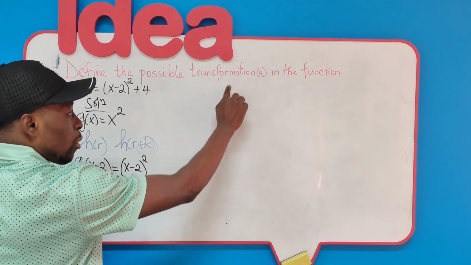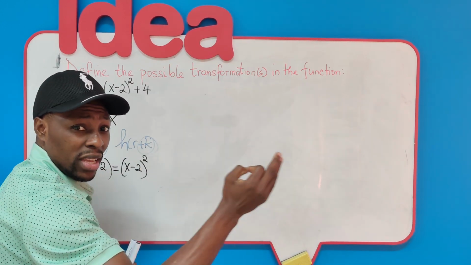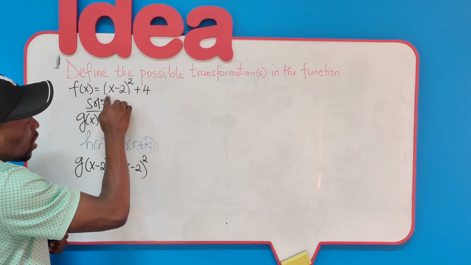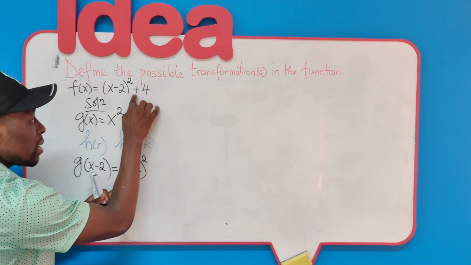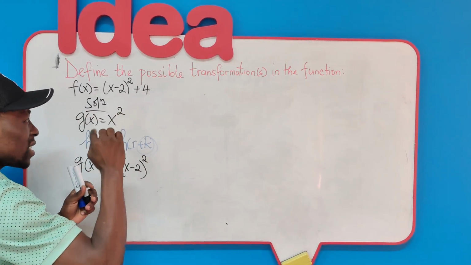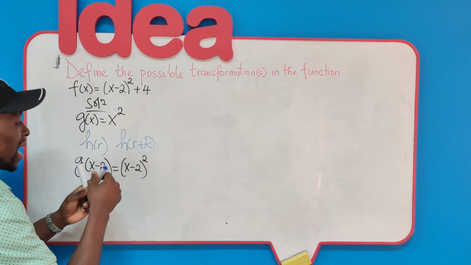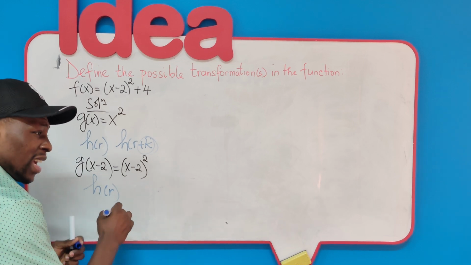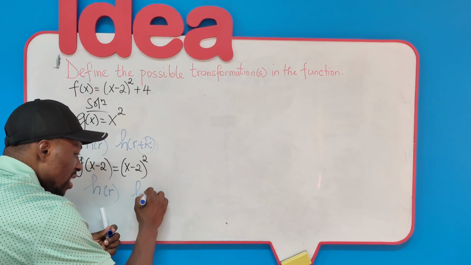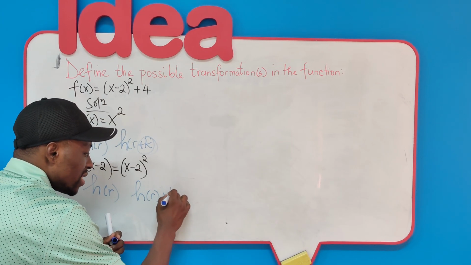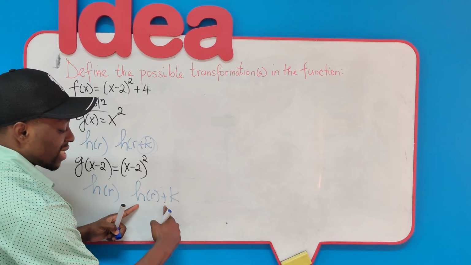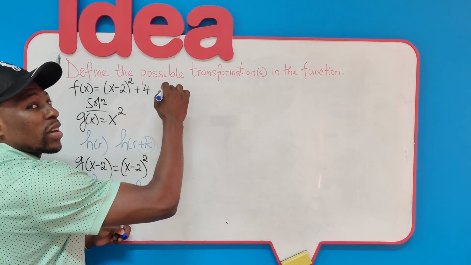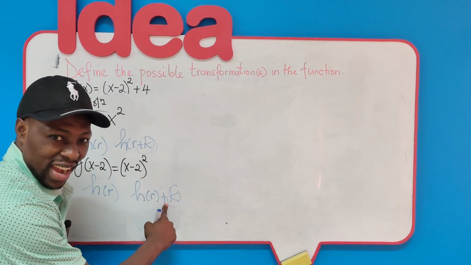Now, again, with our mastery of the equations that accompany each transformation type, we can already observe this and see that we can get from here to here by simply adding a 4. Now, if this is really what we're suspecting, then it aligns with the formula according to which if we have a function h of x, then the transformation h of x plus a certain k is what we call the translation of this function, either k units upward or k units downward depending on the sign of k.